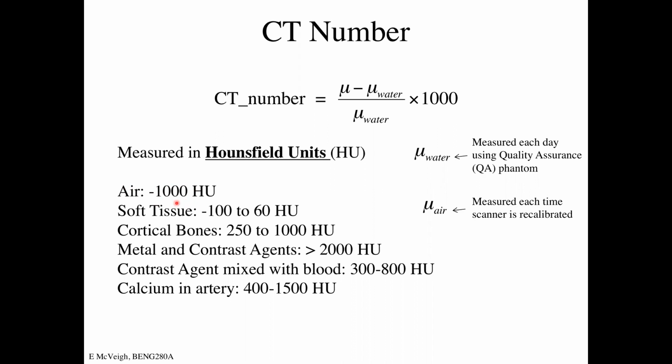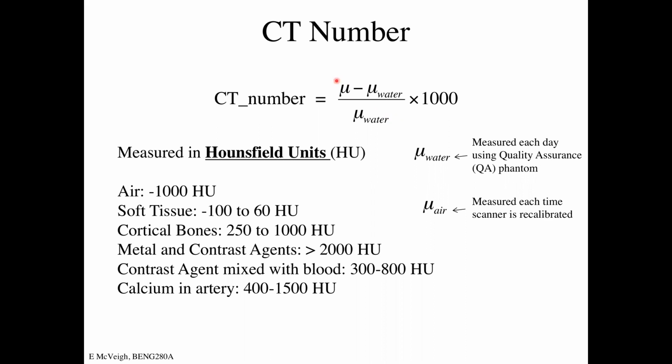It's a calibration. And then we put a water phantom in every day and find out what that value is. And then all the CT numbers for that day are scaled accordingly. So water will have a CT number of 0. Air has a CT number of -1,000. And anything like bone or muscle that attenuates more than water will have a CT number that's higher than 0.